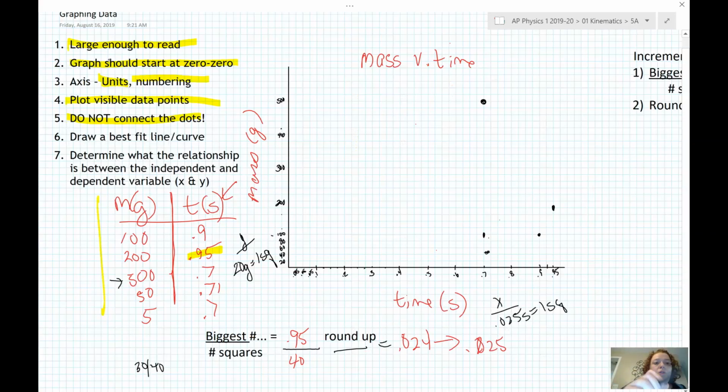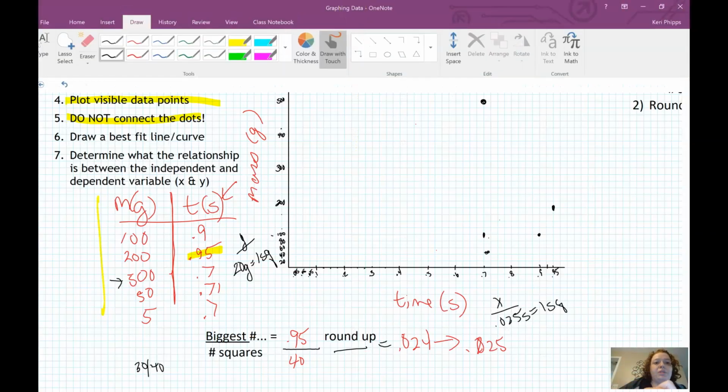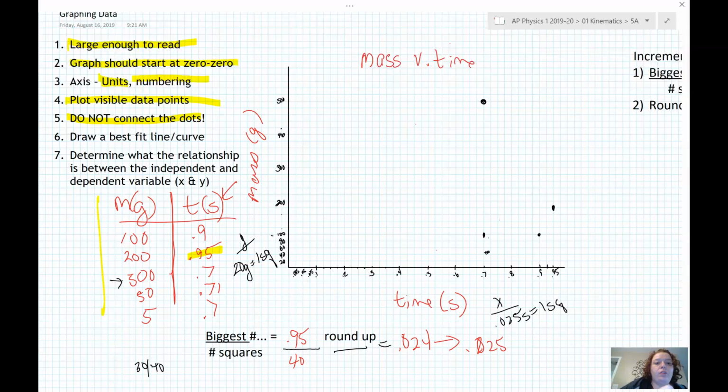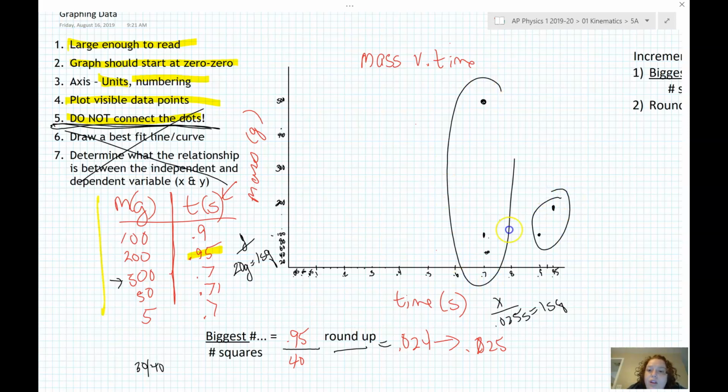Do not do this part yet. We're going to do that part in class because we need to talk about what these lines mean, what the data means. Right now, I want you to think about what you think it means that we have this set of data right here, and we have this set of data right here.